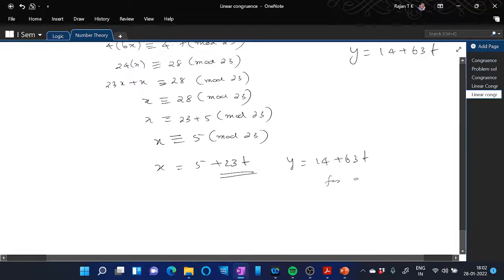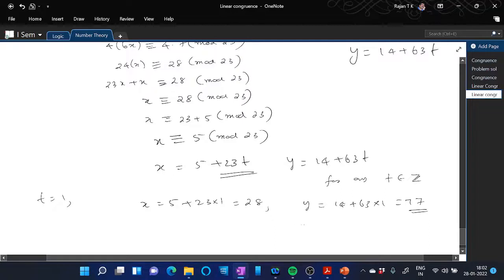If you take t equal to 1, you get x equal to 5 plus 23 into 1, which is 28, and y equal to 14 plus 63 into 1, which is 77.